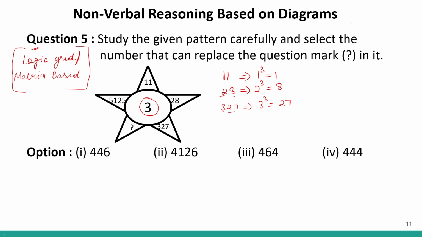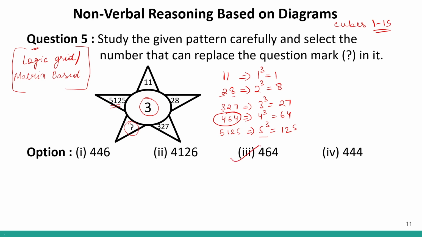That is why I told you it is important to remember cubes of at least 1 to 15. This much you should definitely know. Okay. Then we have this 5125. So 5 cube is how much? It is 125, and 5 and 125 are written together. So 1, 2, 3, and the missing element will be 4 cube. 4 cube is how much? 64. So 464 will be the missing number, which is given in option number 3.